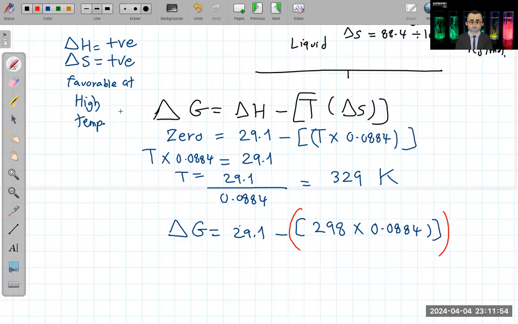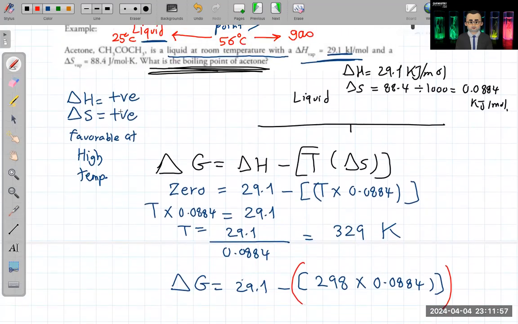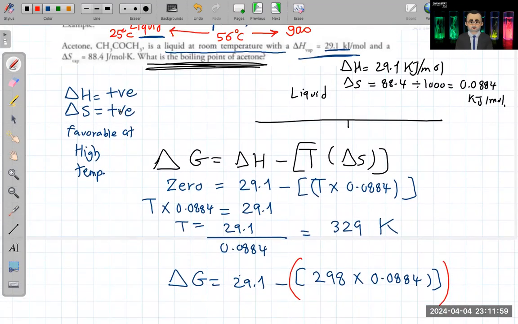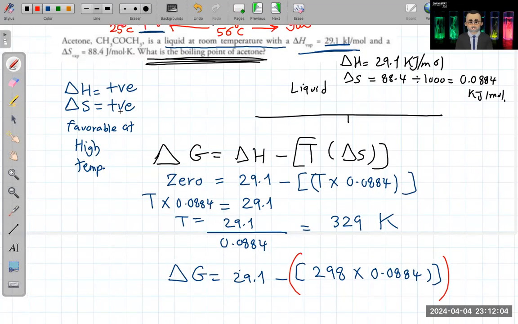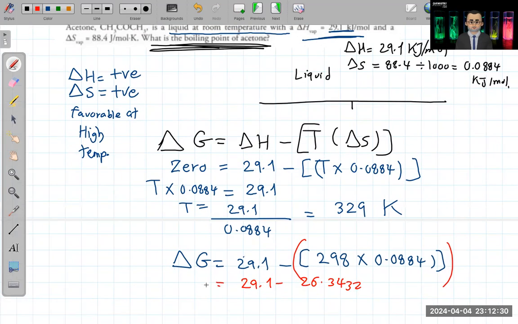So we have chosen delta G is equal to delta H, which is 29.1, minus 0.0884, which you said, multiplied by 298, right? 273 plus 25 is 298. This is 29.1 minus 26.3432. So this is a positive value.